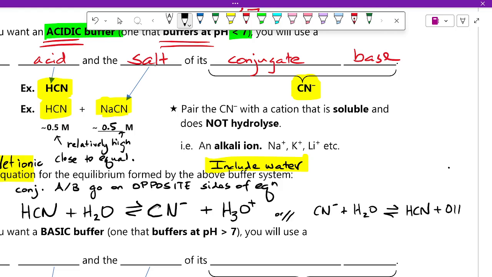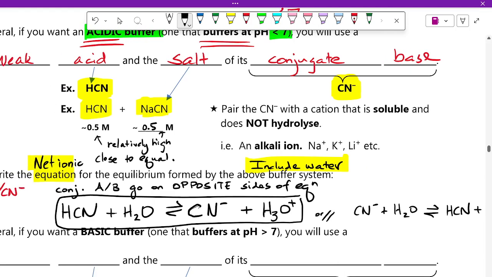OH minus. Both of those are two sides of the same coin. Have you heard that expression? Two sides of the same coin. They basically mean the same thing. It's just like looking at it from one direction or looking at it from the other direction. Okay? Usually, though, if you're doing an acid, I would just stick with this one because it's less confusing.